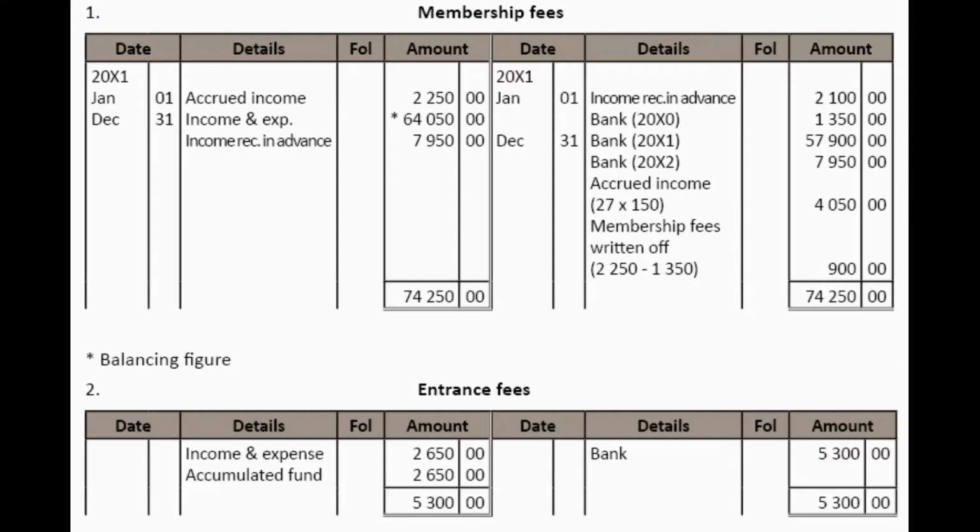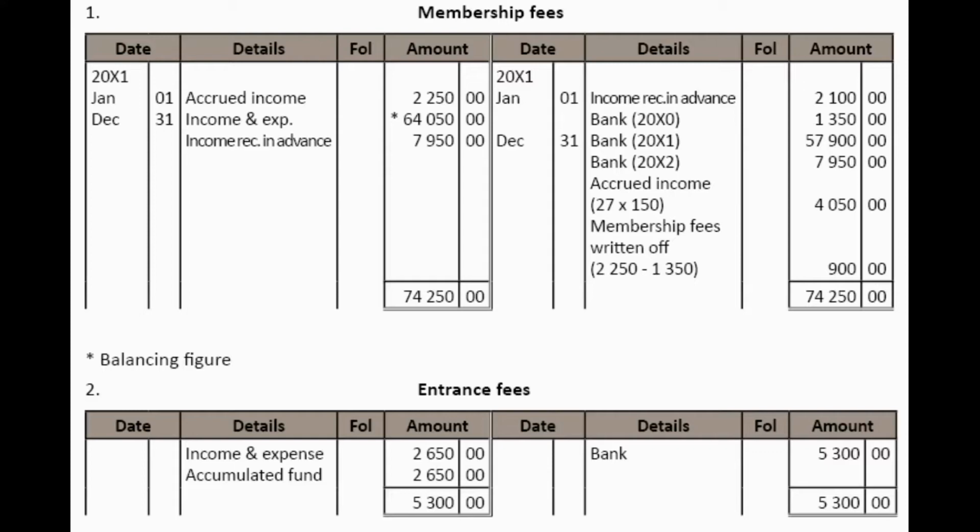Remember, there's always, or most of the time, a missing amount in the membership fees account. It's either the amount that we must post to the income and expenditure account, or the amount that we have actually received. But in this case, it could be the amount that was accrued at the end of the year or income received in advance for the next year.